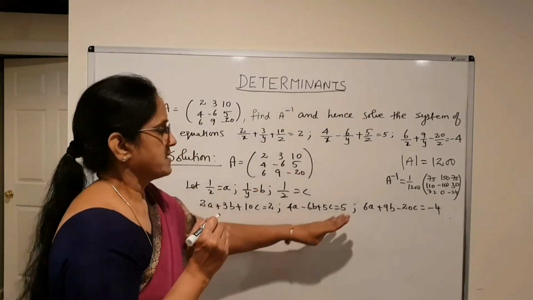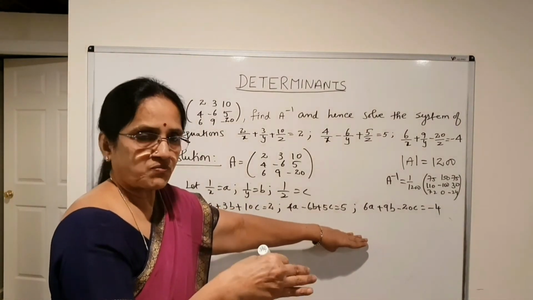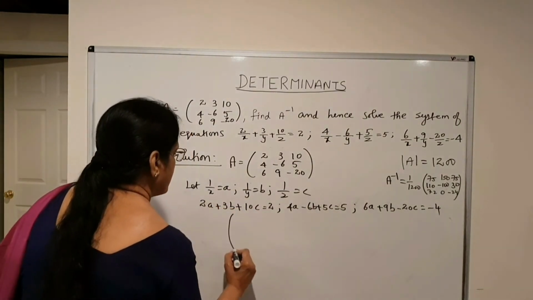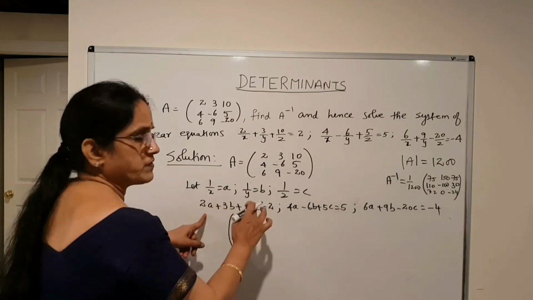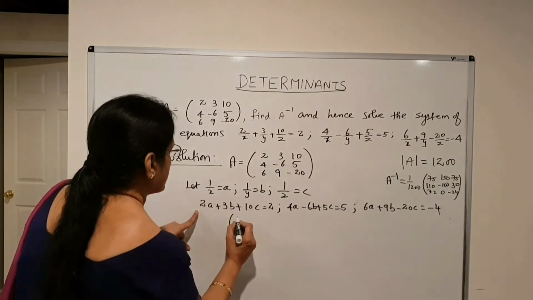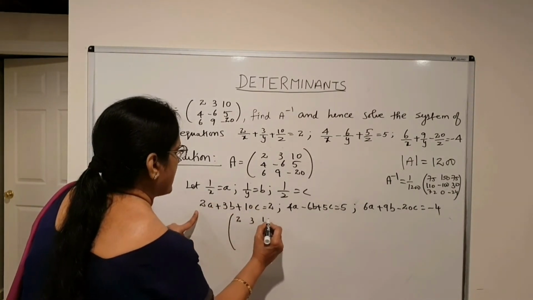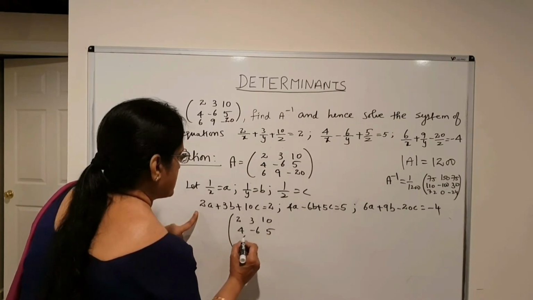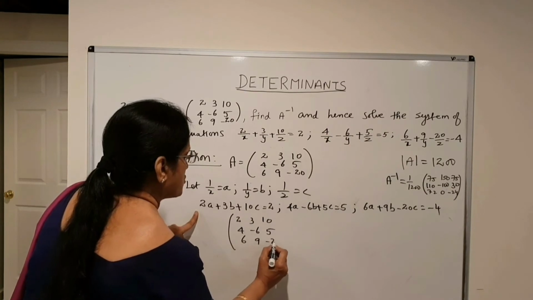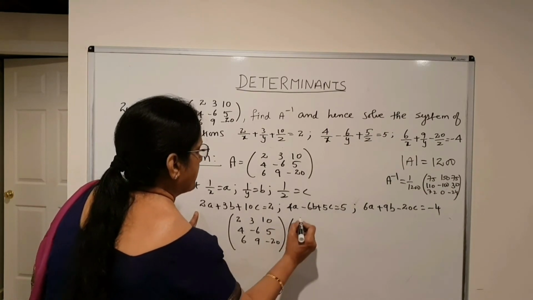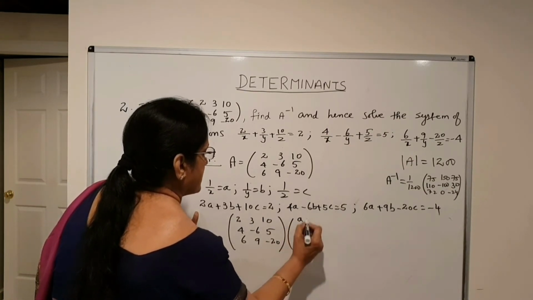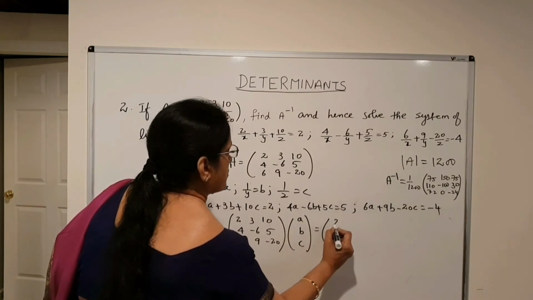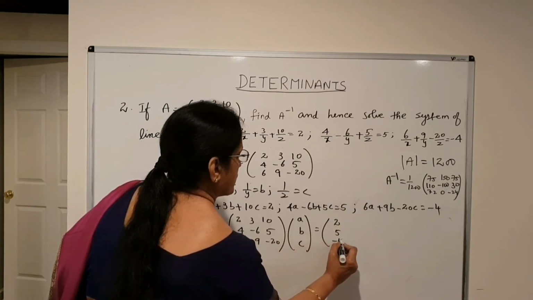Let me write these equations in matrix form. That is, we need to write the coefficients of a, b, c first. It will be 2, 3, 10, 4, minus 6, 5, 6, 9, minus 20 into a, b, c will give me 2, 5, minus 4.